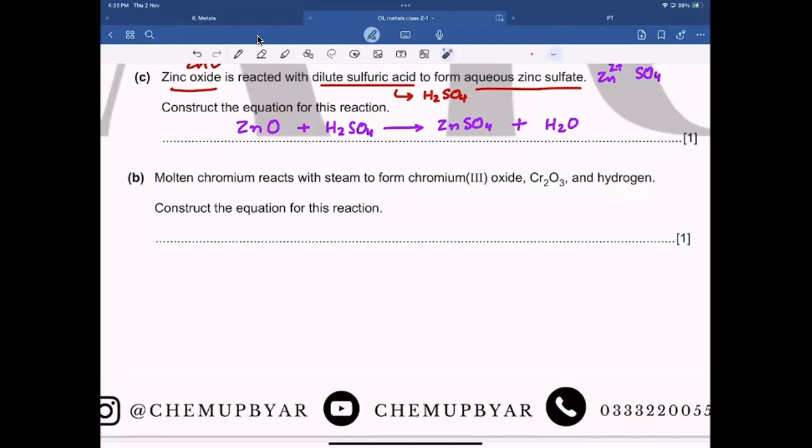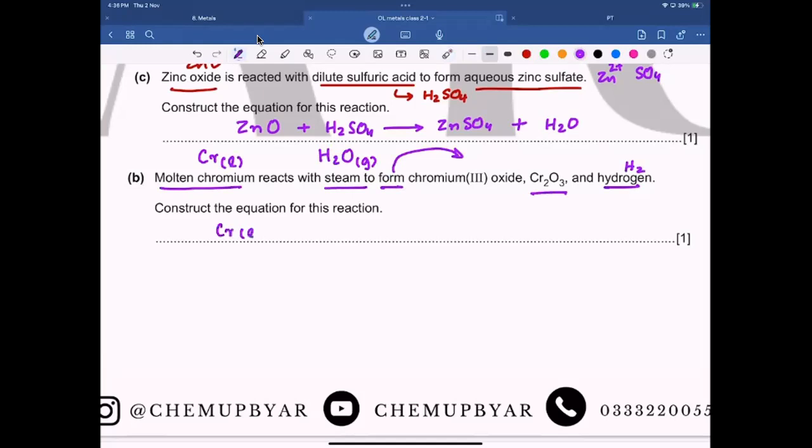So, see, molten chromium, which means chromium in the molten state, reacts with steam. Steam means H2O in a vapor or gaseous form to form chromium oxide and hydrogen. To form, so the things that are forming are the products.